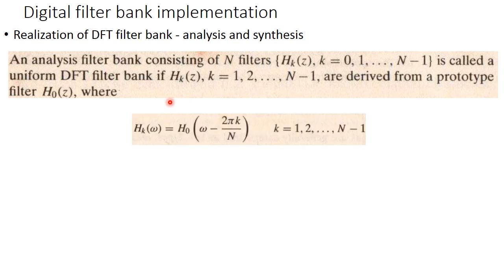So this is the transfer function of the uniform DFT filter bank. See here, Hk(omega) is equal to H0(omega minus 2 pi k by N). So all the remaining transfer functions after the initial one are obtained by shifting the frequency by a 2 pi by N factor.